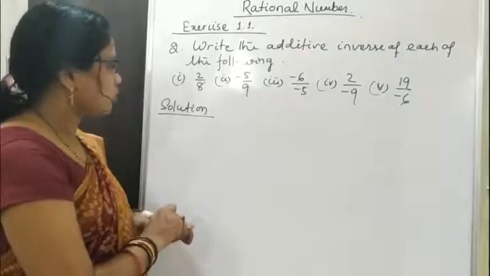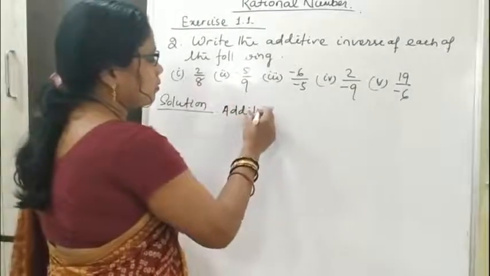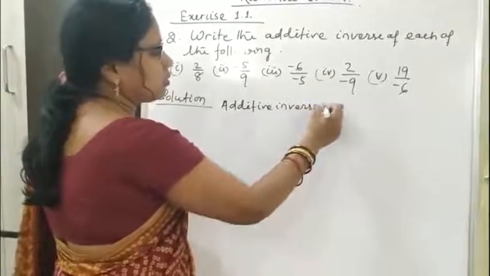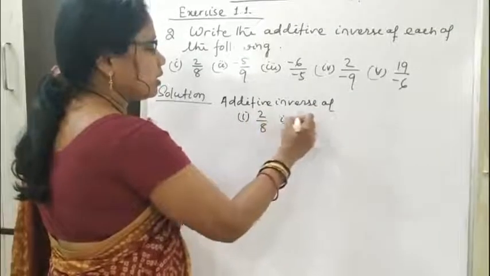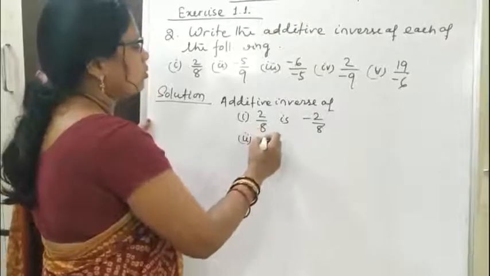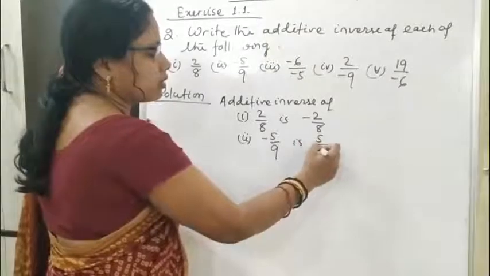Question: write the additive inverse of each of the following. So here is the solution. The additive inverse of the first one, 2 by 8, is minus 2 by 8. Then part 2, minus 5 by 9 is 5 by 9.